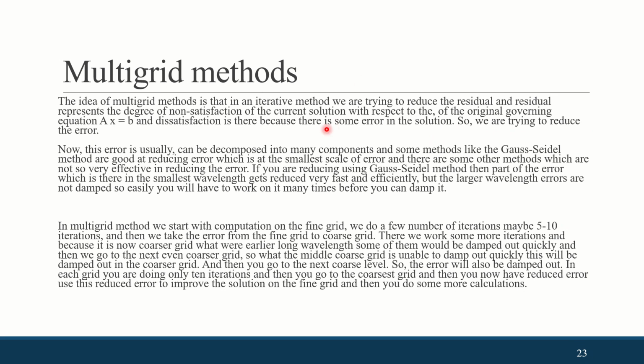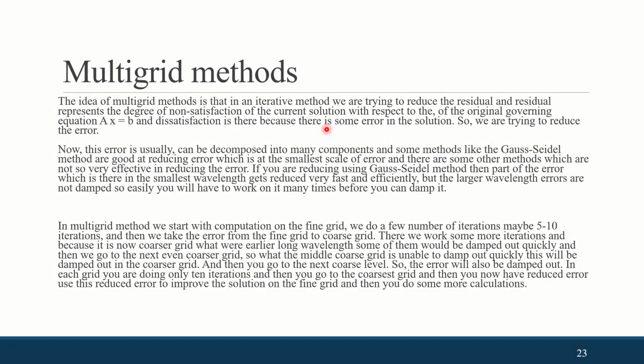We have already seen this. This is just a quick recollection so that it would be easier for us to solve questions 9 and 10. The basic idea is that we are trying to reduce the residual.